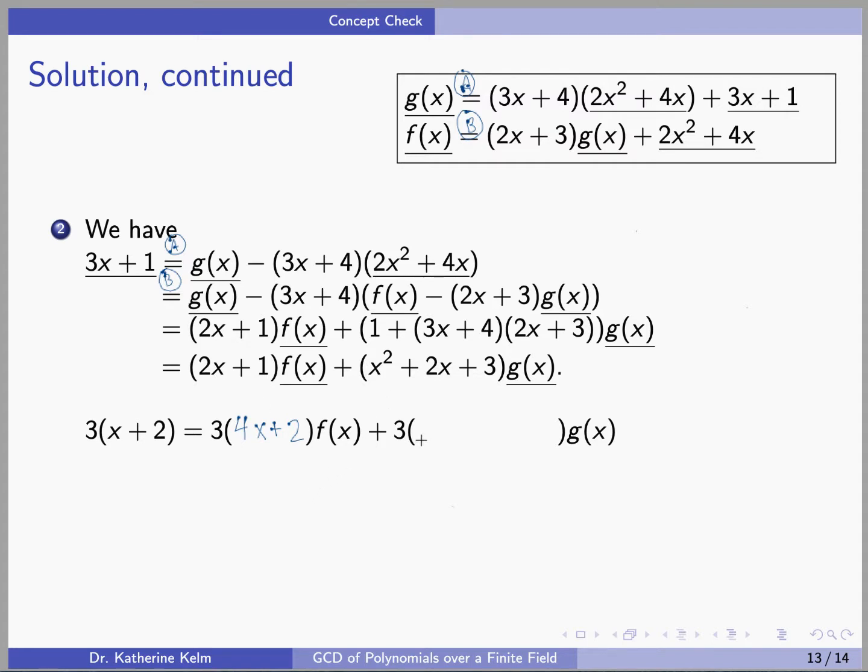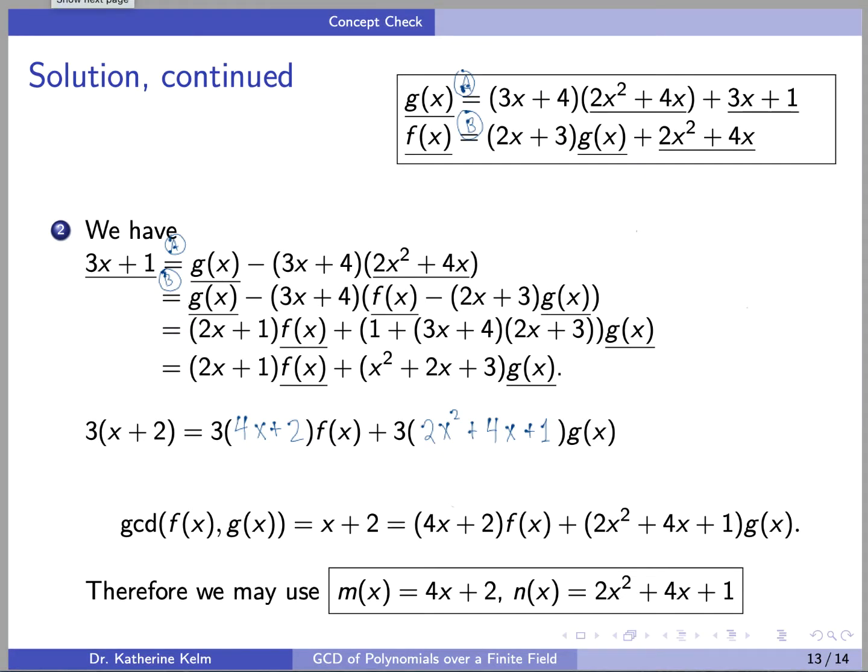Over here, 3 times 2 gives us 1 mod 5. 3 times 4, as we saw before, gives us 2 mod 5. And 3 times 1 gives us 3. Therefore, x plus 2 is equal to 4x plus 2 times f of x plus 2x squared plus 4x plus 1 times g of x.